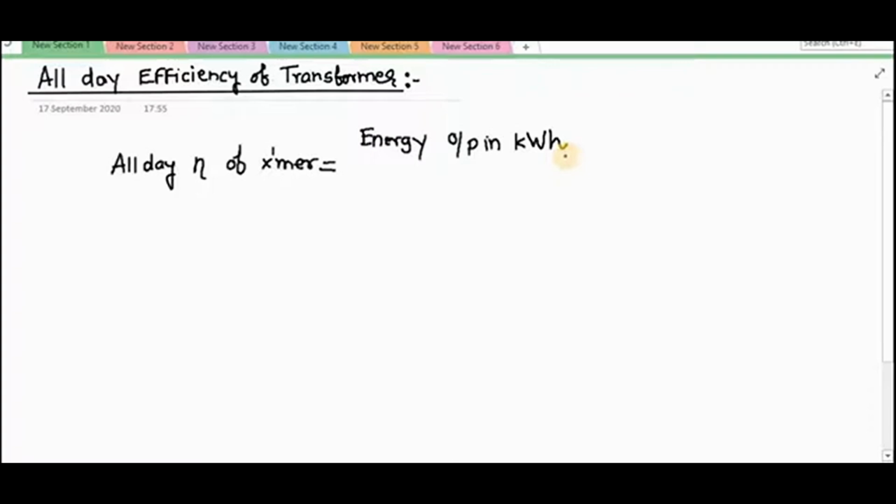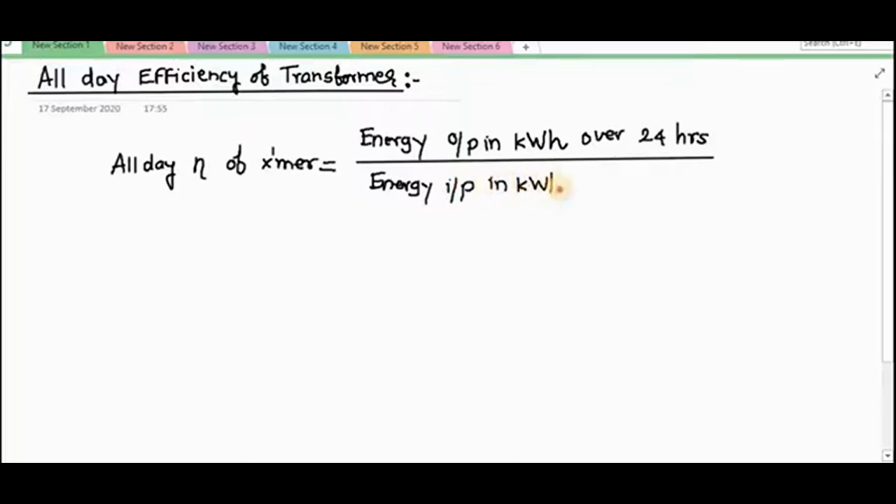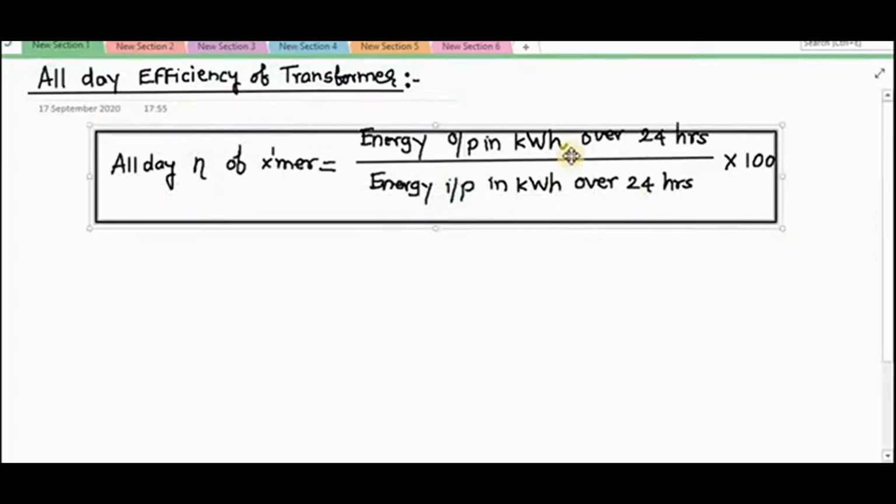Therefore, the efficiency is computed on the energy basis, and hence in the numerator I am taking the energy output in kWh over 24 hours, divided by energy input in kWh over the same period, meaning over 24 hours, into 100, so that we get the all-day efficiency in percentage.